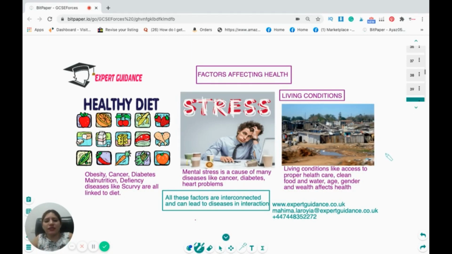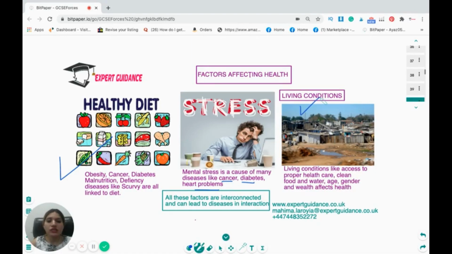Now, this is a very general concept: what are the factors affecting health? The first is the diet. If a person is not taking a proper diet, he's prone to obesity, cancer, diabetes, malnutrition, and deficiency diseases like scurvy and night blindness. They are linked to diet. Mental stress can cause diseases like cancer, diabetes, and heart problems.